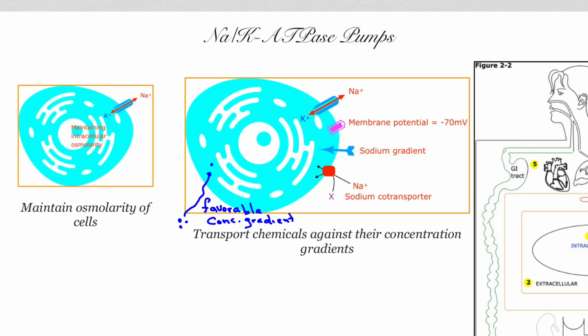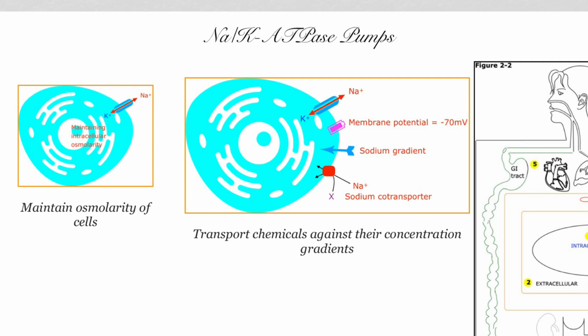Difference in concentration, high here, low here, then the chemical is going to go this direction, as long as there is some transport protein or a way to enter the cell. Similarly, if it's high inside and low outside, then the chemical tends to go the other direction. So chemicals travel by diffusion, and diffusion is always from high concentration to low concentration.